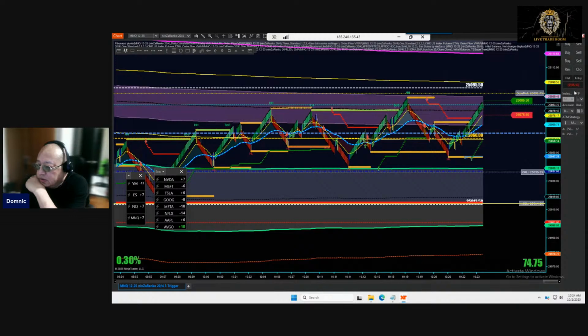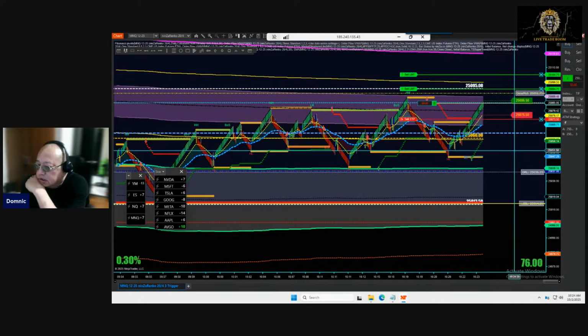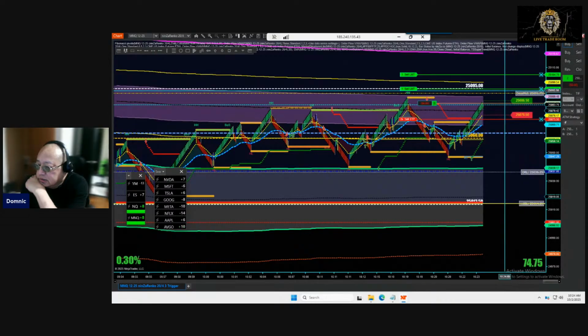Testing the VWAP again. I'll go for 2 contracts here. Order filled, to test if it breaks that. If it does break that, we're going up here.